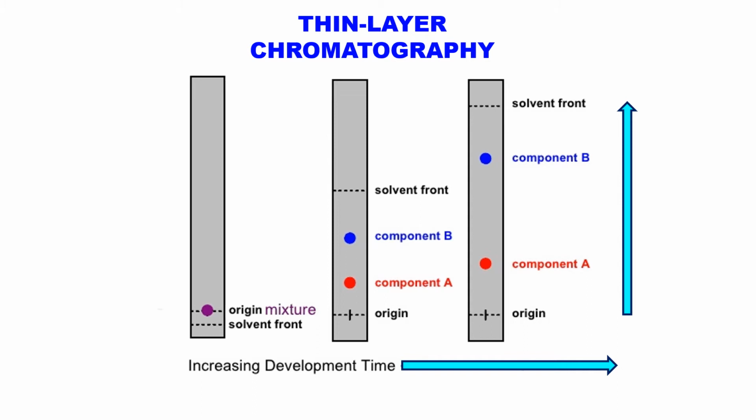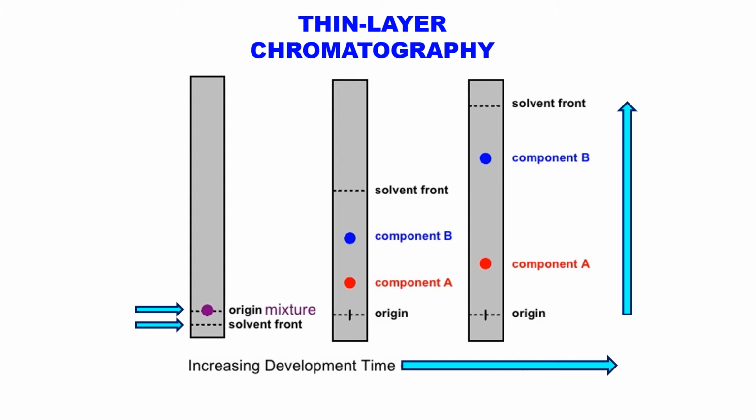So as you can see here, this is the spot or the place where we put the sample. So this is the place where the mixture will originate from. This below line indicates the level of the solvent. The sheet will be dipped only up to this amount of solvent in the chromatographic chamber. It will not be more than that. So this forms the solvent front.